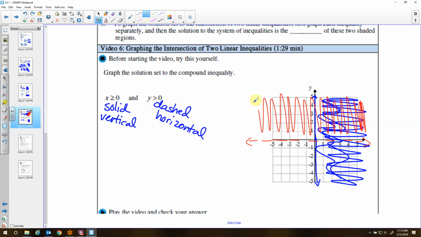So there's the above, the y. Notice they overlap over here in the first quadrant. If you remember what the quadrants are in graphing, this is quadrant 1. So my solution is in that corner right there.